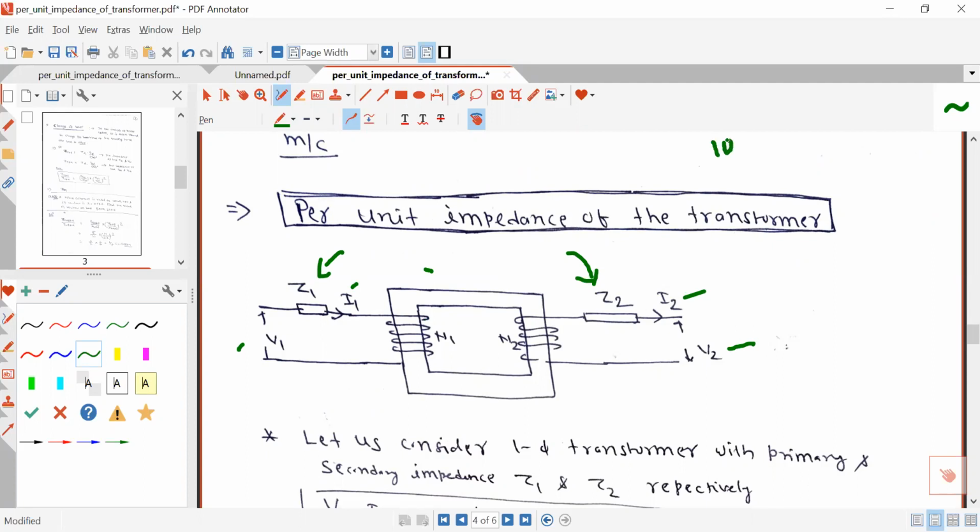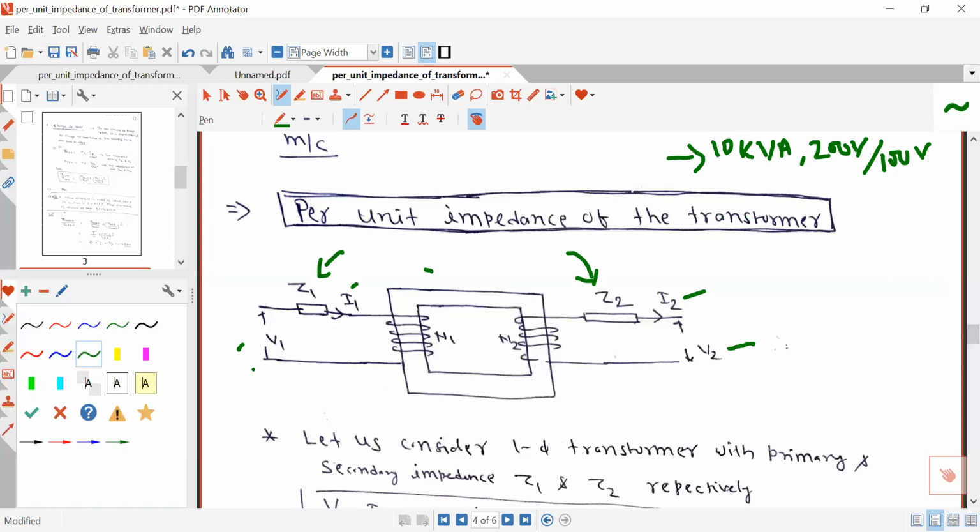Suppose a transformer is rated as 10 kilovolt ampere, 200 volt by 100 volt. When you see the nameplate of the transformer, there will be such a rating.